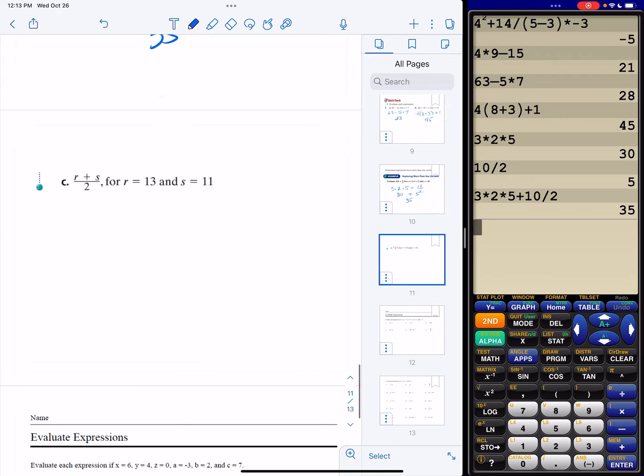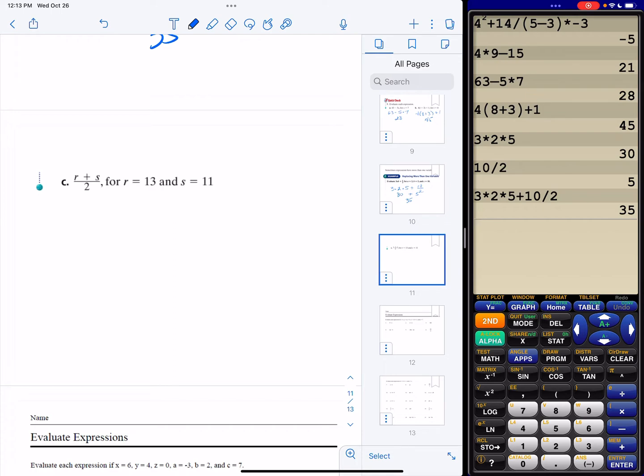Now, let's look at C real quick, because C is kind of different as far as the calculator goes. You need to make sure we understand this, because this says R plus S, get an answer, divide that by 2, because that's what that big bar means. So in order for me to force something to happen first and get an answer, what am I going to have to do to it? Put it in parentheses.